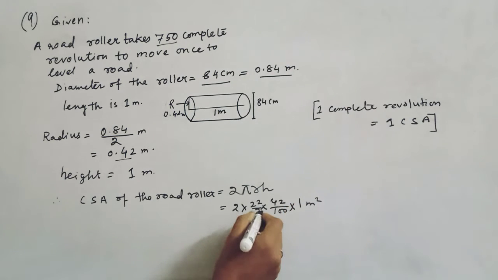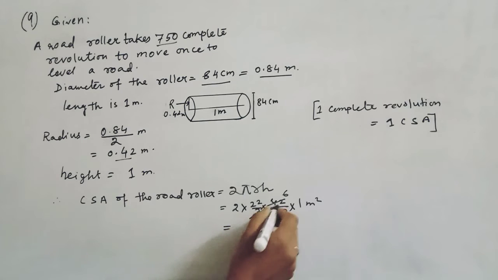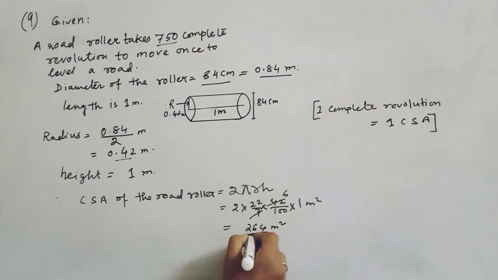meter square. Now if I cancel it, it will be 6. Now 44 into 6, it will be 264 into 1 meter square, 264 meter square by 100.